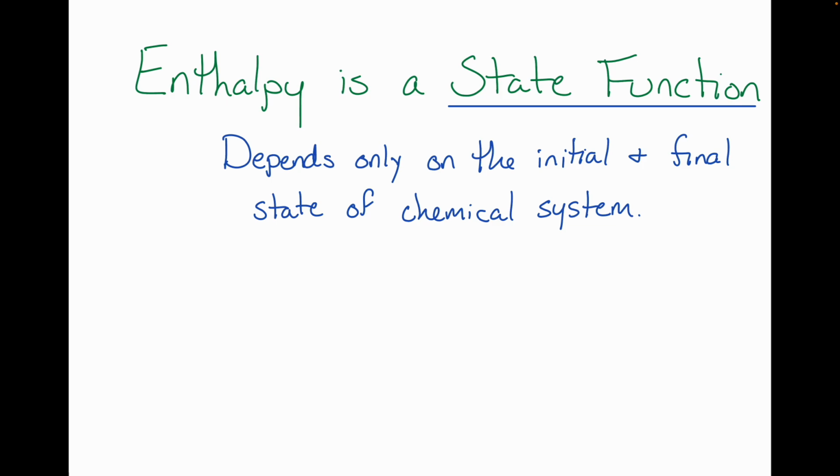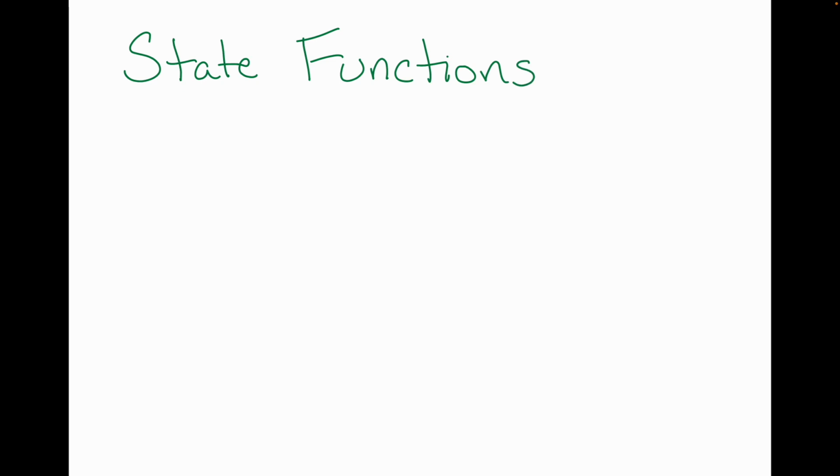All right, we're going to use a physics quantity here to kind of help us wrap our heads around what the heck it means to be a state function. All right, so again, state functions. Okay, we're going to use these physics quantities because they're a little bit easier to wrap our heads around.